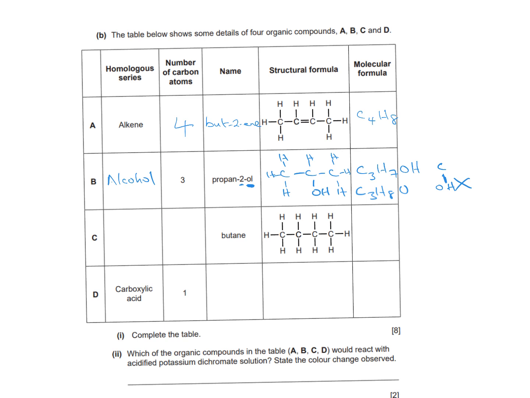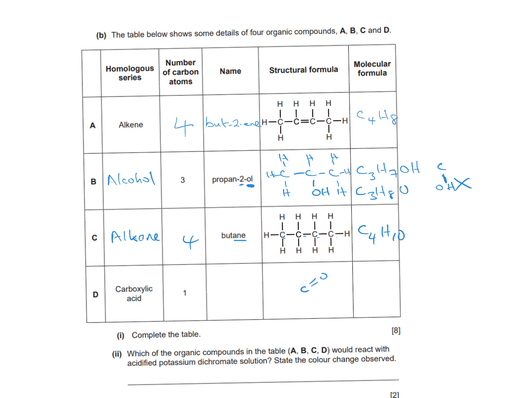On to C, butane. The ANE tells us that that belongs to the alkane homologous series. Number of carbons, you just count them up, there are 4, and the molecular formula is going to be C4H10. Lastly, on to D, carboxylic acid with 1 carbon. I'm going to draw it first and then do the name and the molecular formula.